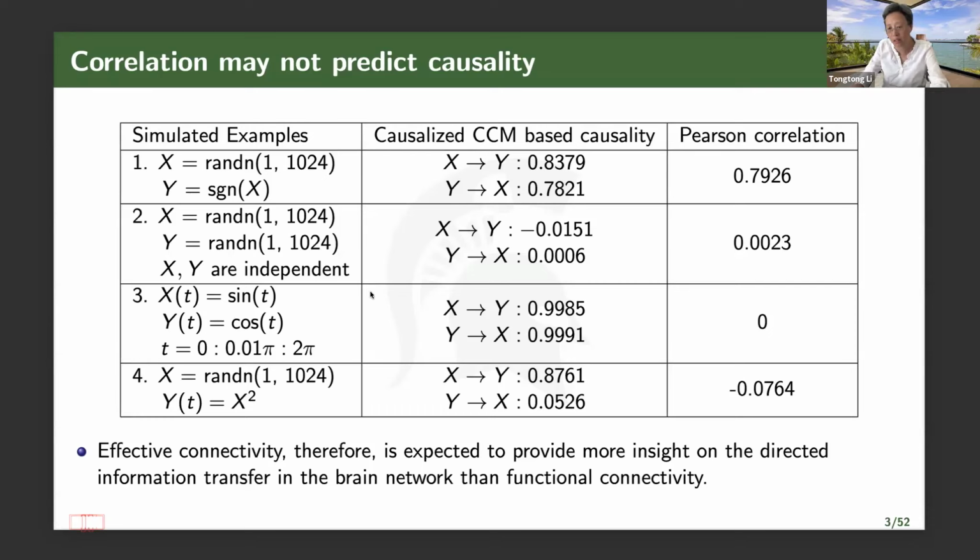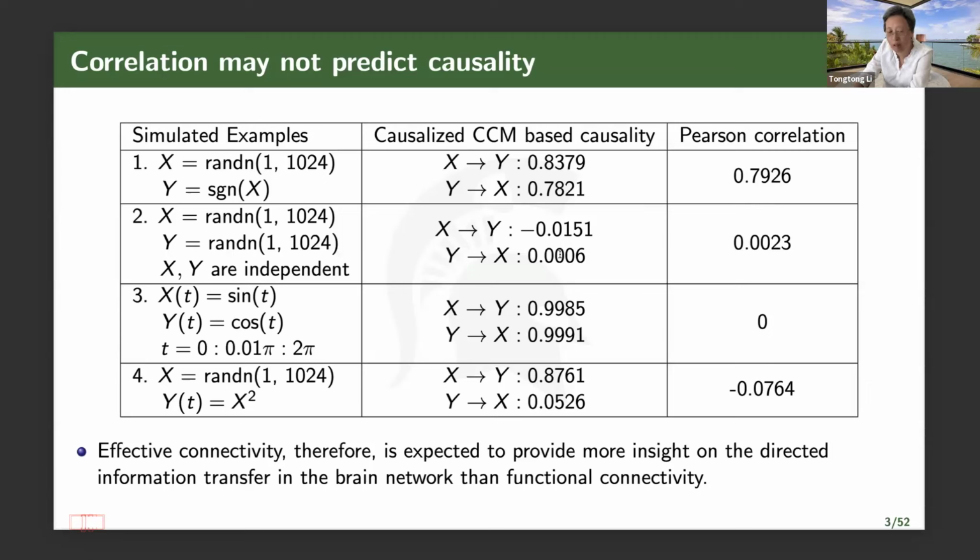So you can see that when Pearson correlation is large, because Pearson represents mutual dependence, you could generally expect the causality will not be too small. However, when Pearson is small, anything can happen.